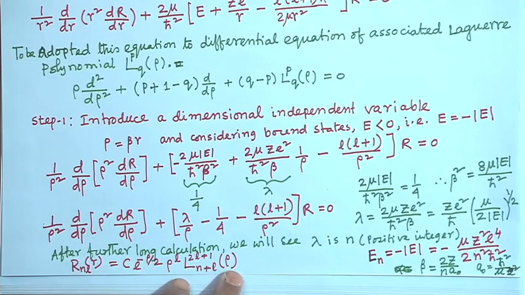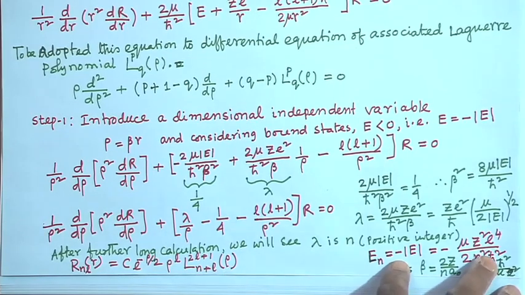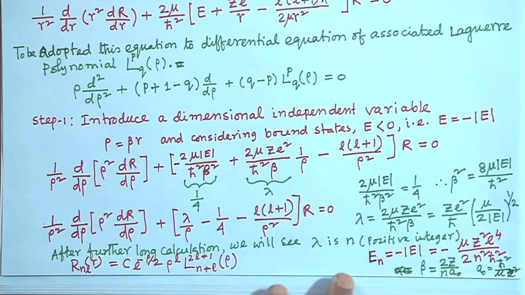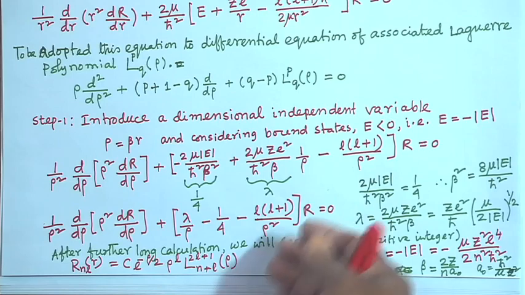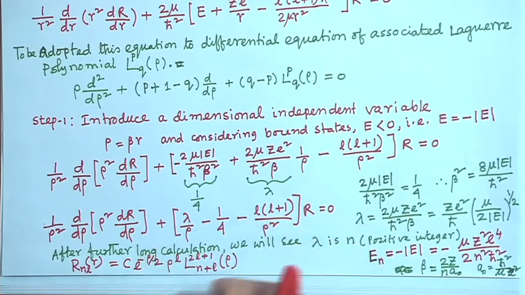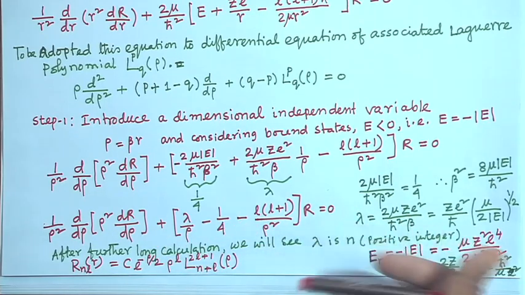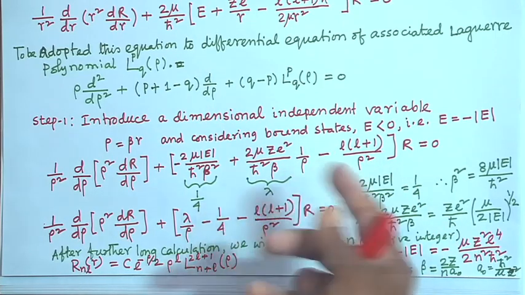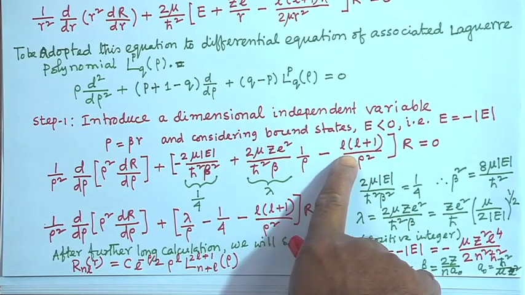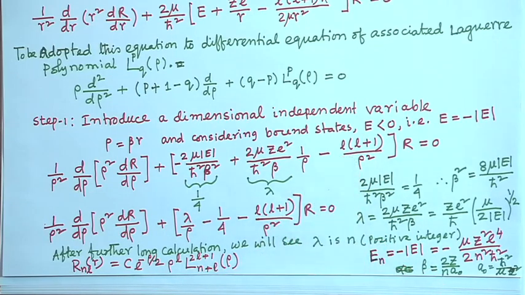This is my solution, and I got the energy level, and also the principal quantum number. When we do this long calculation, one can see L is the orbital quantum number, and it can take values 0, 1, 2 up to n minus 1.